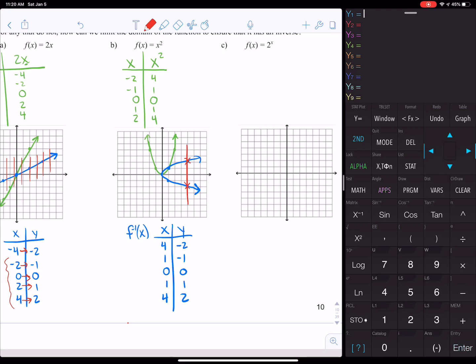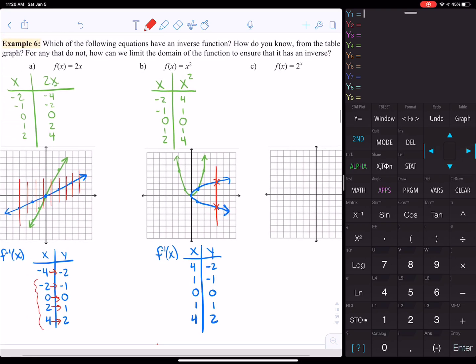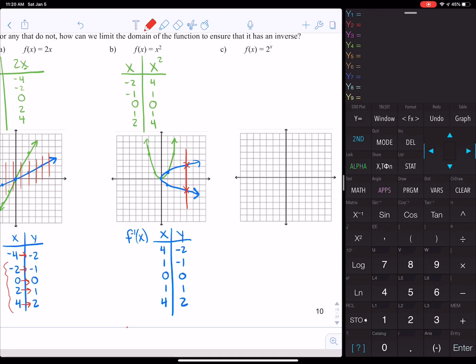So how could we limit the domain of the function to ensure that it has an inverse? What we could do is stop at the values that start to have a different number paired with the x. Like 1 with -1 cannot also be paired up with +1. So if we limit the domain, stop it right there and don't include this other part, then we can plot those points and be safe.